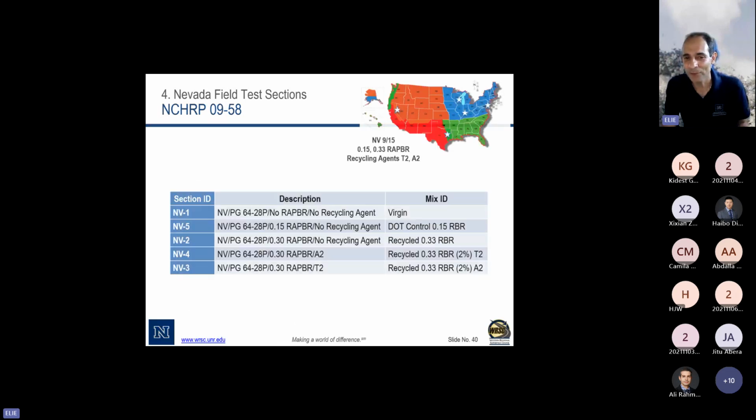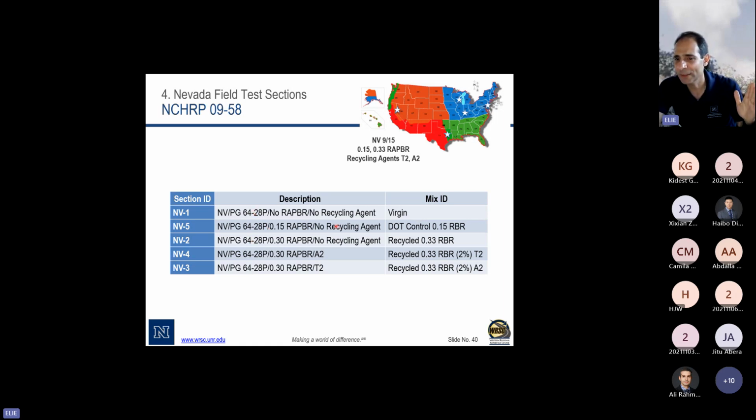So what are the different mixes that were used on the same stretch? It's the same stretch in the actual field projects where we had a mix with no recycling, no RAP. That's what we call the virgin mix. We didn't change the binder grade because the state and the agency mandate the use of a 64-28 polymer modified binder. So the binder remained the same.